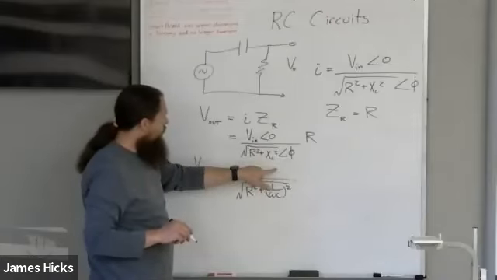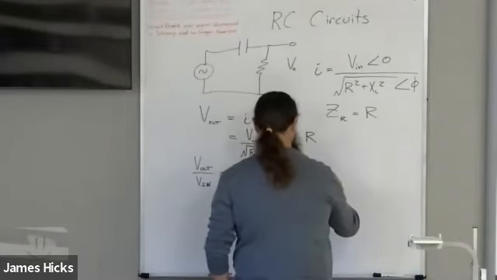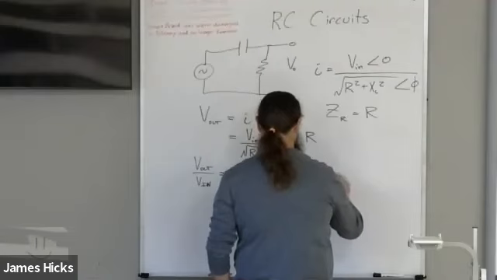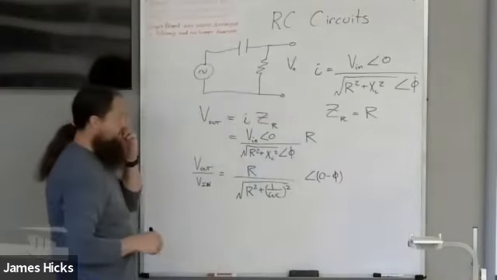So I ignored the phases. If you want those on there, that would be zero minus phi.